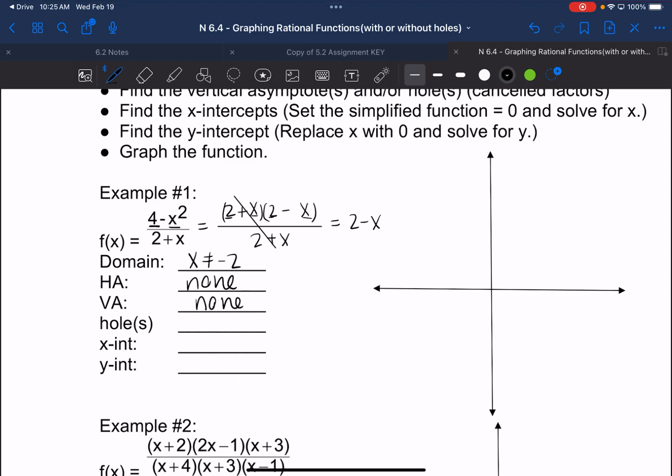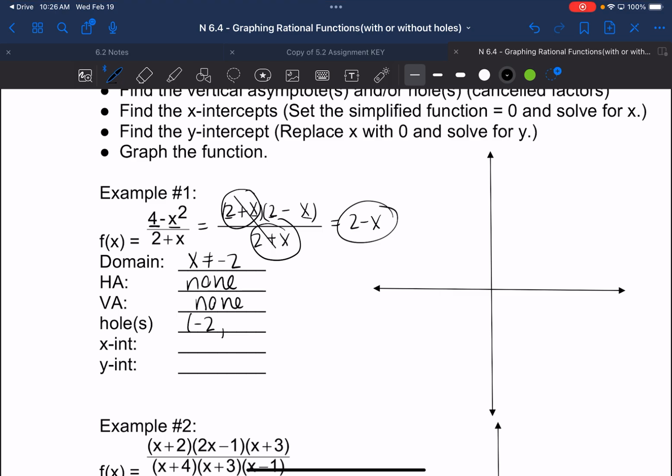Okay. Then they ask about the hole. Well, we did say there would be a hole, right, because there was something that crossed out. The hole occurs at this x value. What x value is that? What do I get when I solve those for x? Negative 2. So I'm going to have a hole with an x value of negative 2. To find the y value, all we need to do is plug in that x into the simplified version.